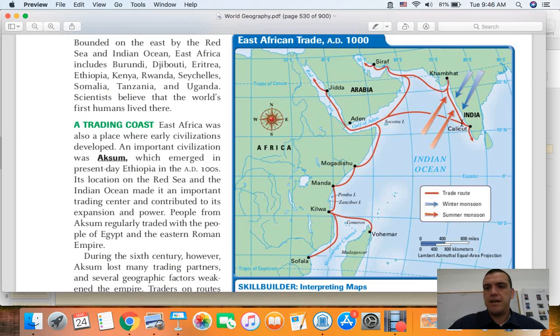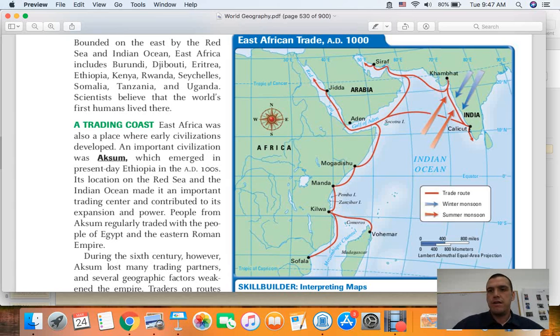So you see how their location worked: people from India would want to get their goods up the Red Sea. They would make a pit stop in Ethiopia. And also, the Aksumites had access all along the East African coast here. And this is what I'm talking about when I said there was a change in routes.